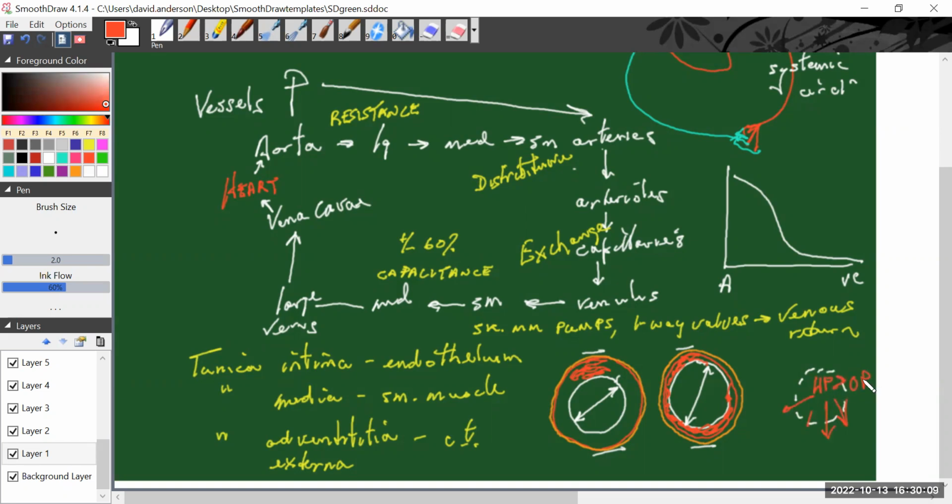And at the capillary on the arterial side, when hydrostatic pressure is higher than osmotic pressure, we get filtration, movement out. Everything but the largest cells and largest proteins will be pushed out and then reabsorbed at the venous end so that we retain blood volume, at least most of it, to return to the heart for the next cycle in the circulation.